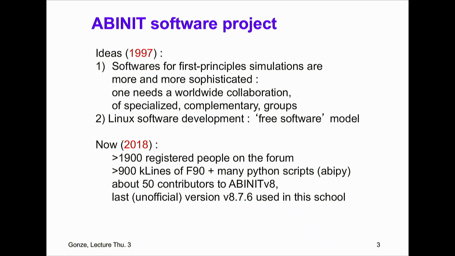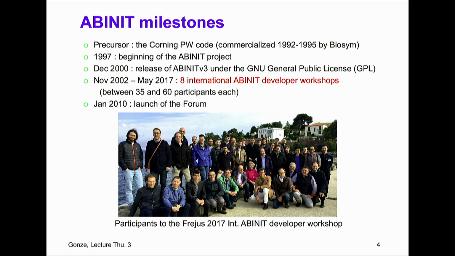And now we have a large number of people registered on the forum. ABINIT is 900,000 lines of Fortran 90, and, more recently, many Python scripts. There have been 50 contributors to ABINIT version 8, and you will be using the very last unofficial version 8.76 in this school.